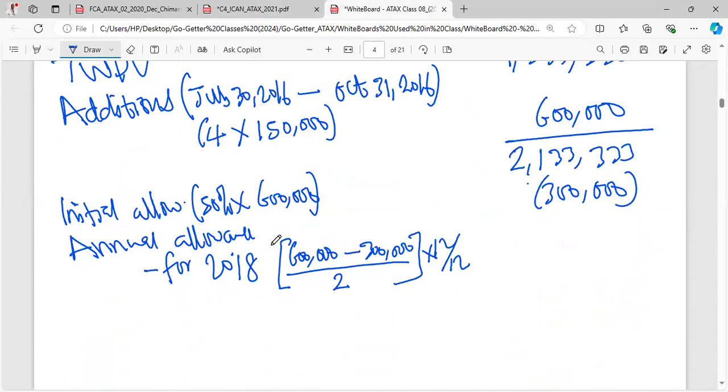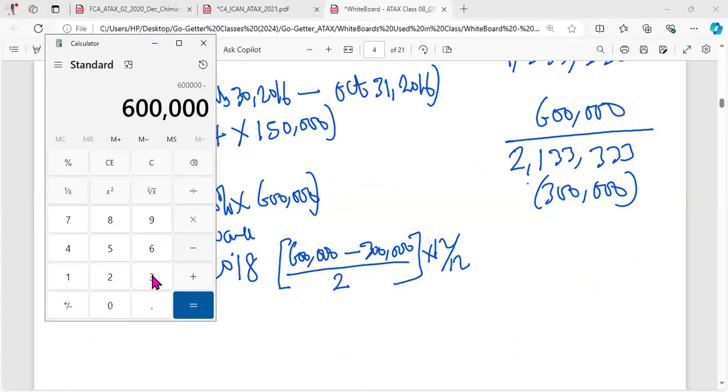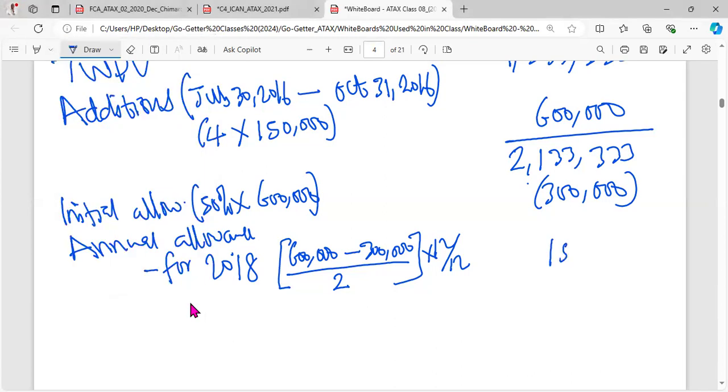So what happened here is this will become 600 minus 300, which is going to give me 300 divided by 2, which is going to give me 150. So this is going to be 150,000. That's the annual allowance here.